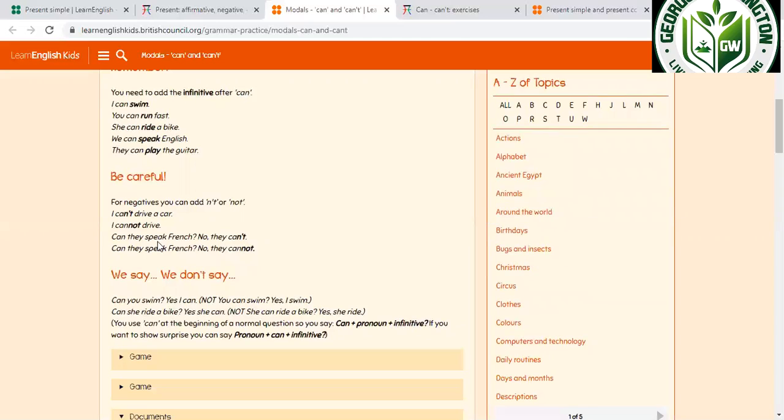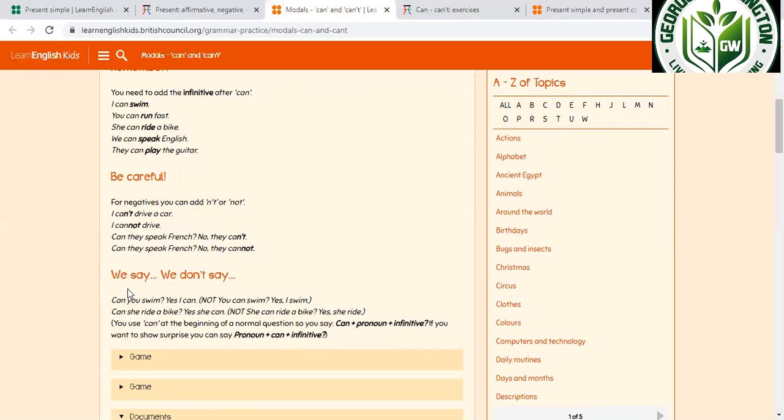Can you speak French? No, they can't. Can they speak French? No, they cannot. It's the same. Okay. So to make a question, you need to put can first, then the subject, and then the verb in the infinitive or base form, and then the complement.